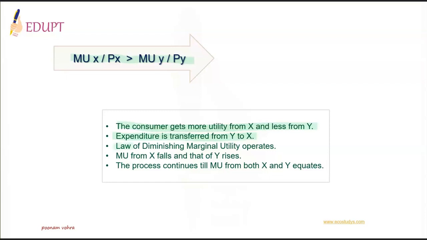Due to the law of diminishing marginal utility, marginal utility from X falls and marginal utility from Y rises.